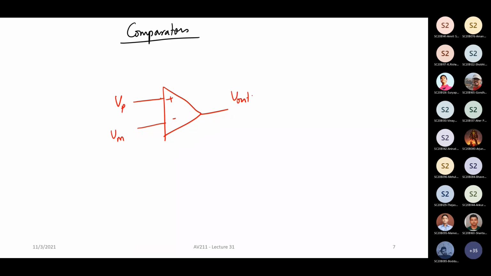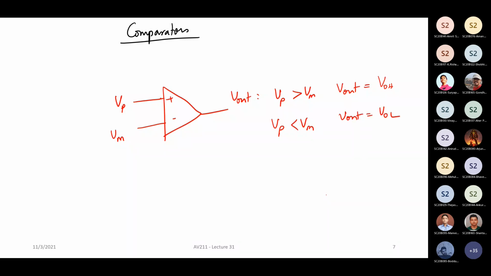And Vout is defined in such a way that if VP is greater than VM, Vout is equal to, let's just call it VOH. I'll define what VOH is in a minute. And if VP is less than VM, Vout is equal to VOL.